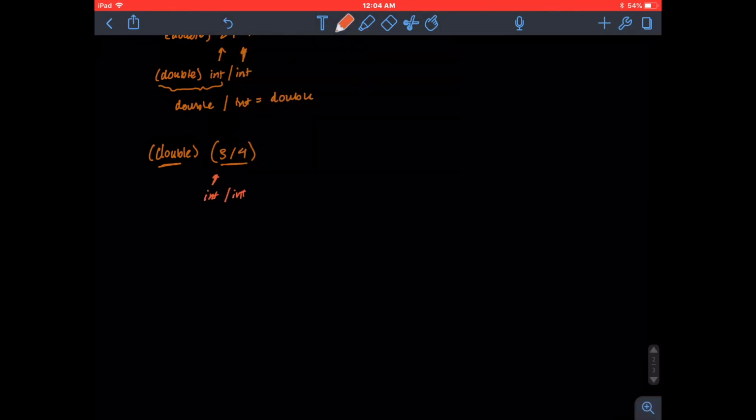And remember how in regular math, we just do everything in chunks according to where the parentheses are. The things that are in parentheses, we do them first. So we have an int divided by an int, so that will bring out a 0. But then we can't forget about this double. So we cast the 0 to the double. Whenever we have that, that's just going to bring out 0.0, and that's how that one works.